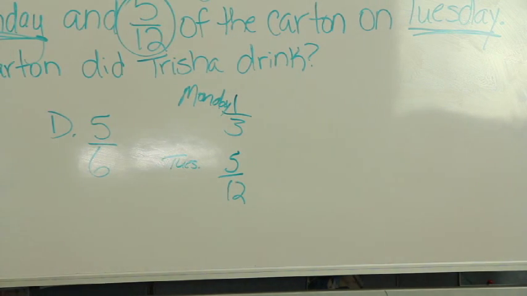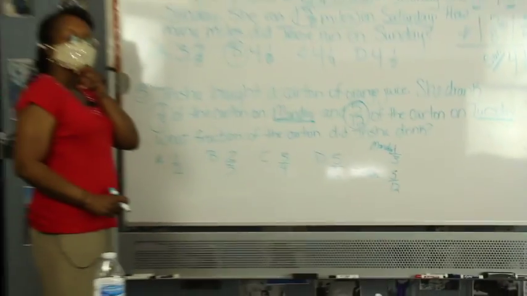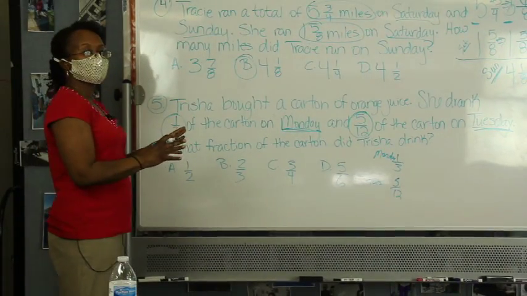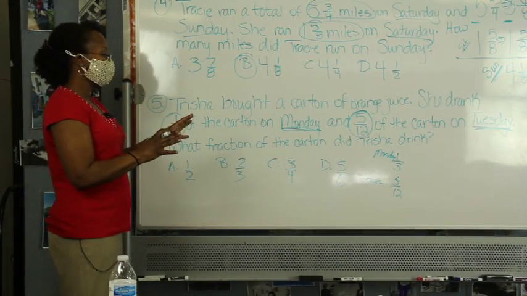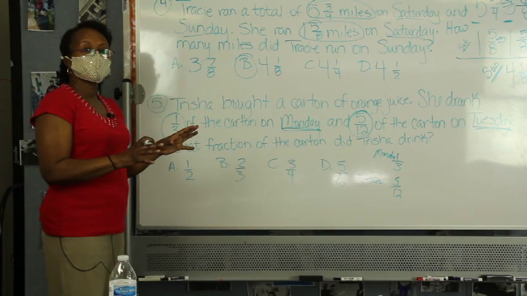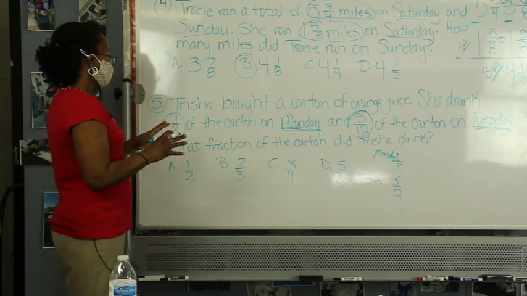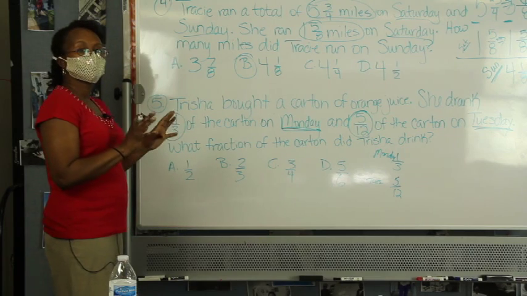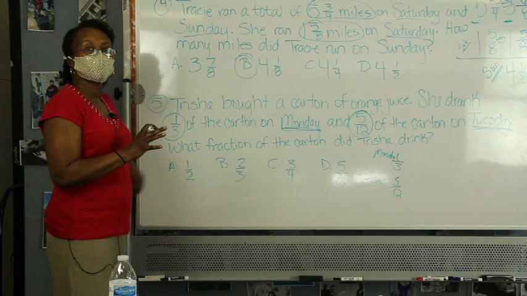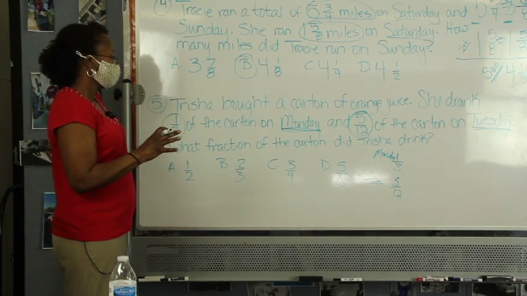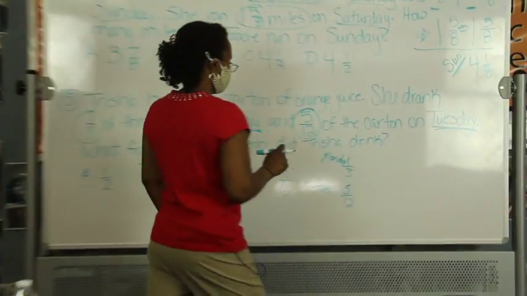So what we're going to do is we're going to come up with a common denominator so that we can compare them. And then whatever we come up with, we're going to take it from 12 over 12 from the whole. So let's go.